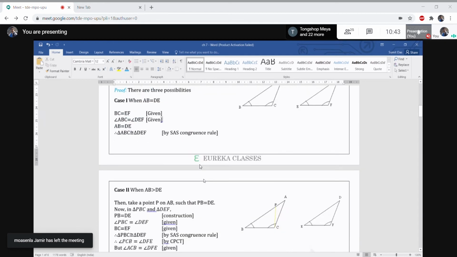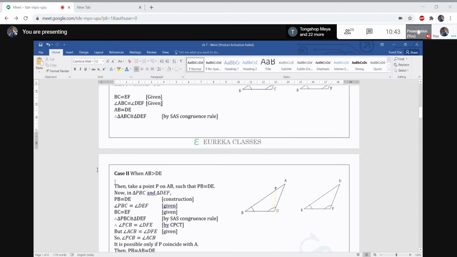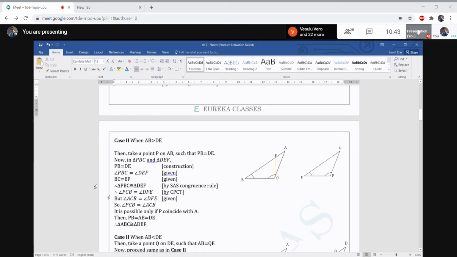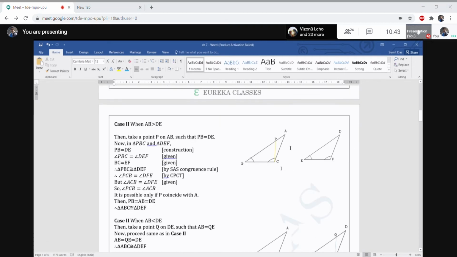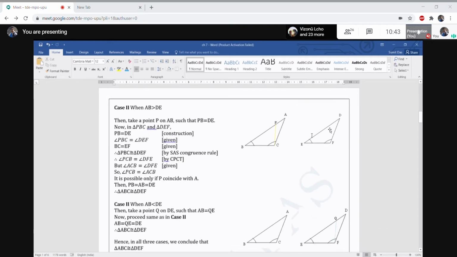Now come to case 2. For case 2, we take a point P. What is case 2? Case 2 is that we are taking the length of AB greater than DE.